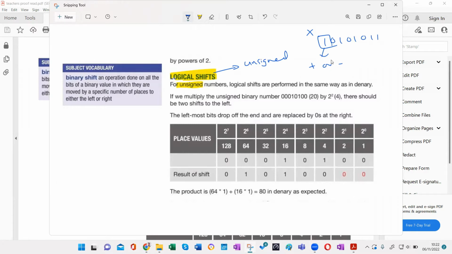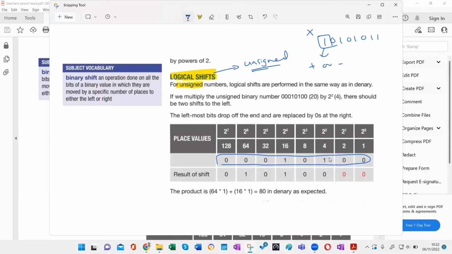If it is a signed number, the most significant bit will be used to represent whether it is positive or negative. That's what we learned under sign and magnitude. So unsigned numbers make use of all the 8 bits to represent the number, like this one. And what is this number they represent?